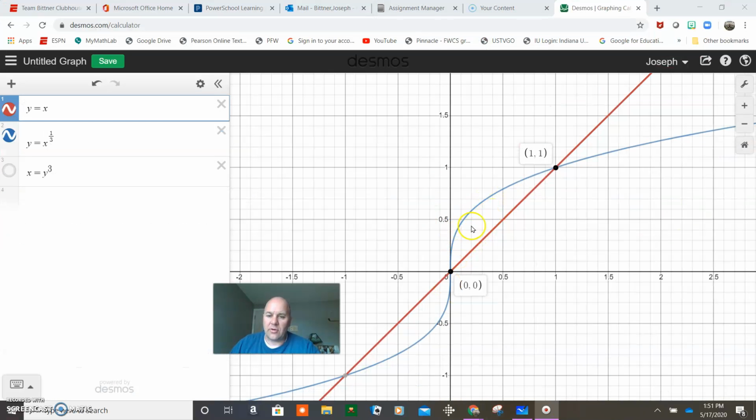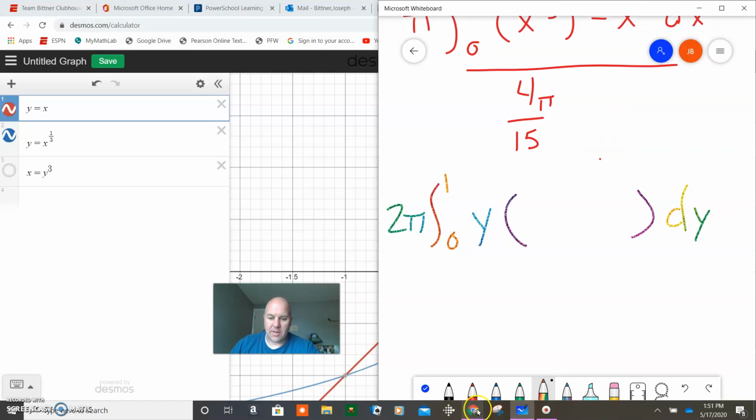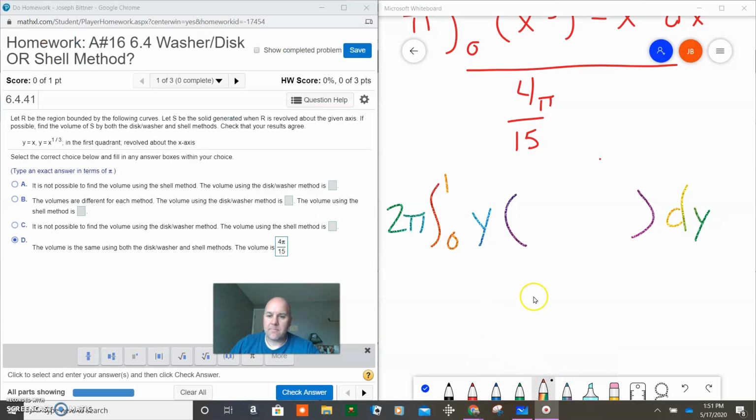The cylinders are rotating around this way, but their height is measured this way. So it's top minus bottom, which is red minus blue in this case. Instead of x's though, I should have used y minus y cubed.